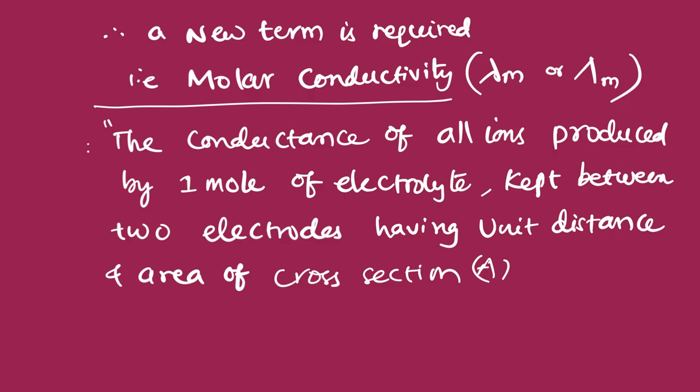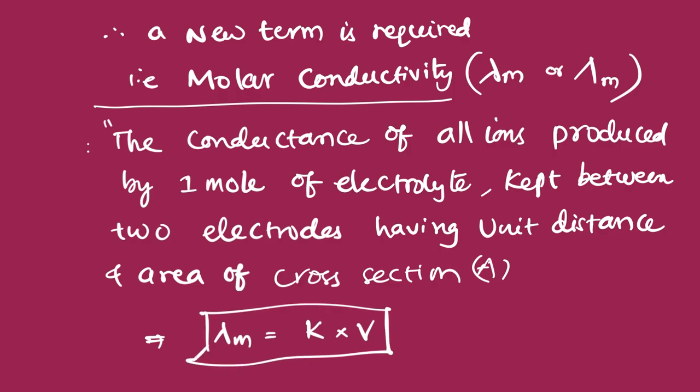Therefore, now keep in mind, lambda m is equal to conductivity into volume. Because volume is not fixed here, in a given volume, whatever the conductance is present, all that conduction total is called molar conductivity. Now I want to take a conductivity cell.